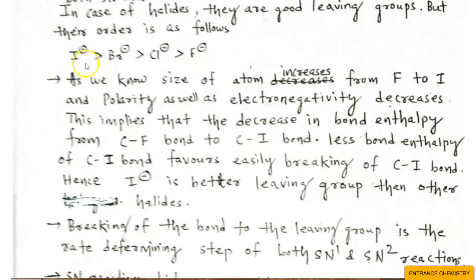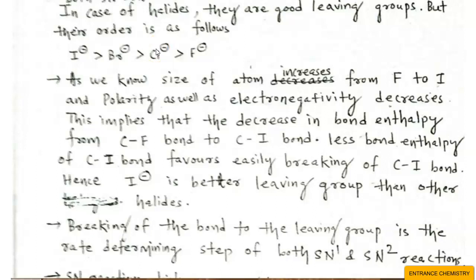Suppose we take the example of halides. We know they are good leaving groups, but their order is as follows. From F minus to I minus, the size increases. Polarity as well as electronegativity will also decrease.